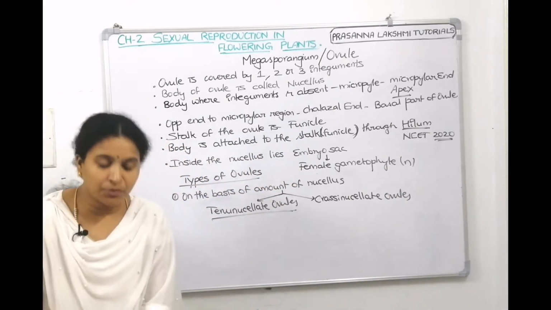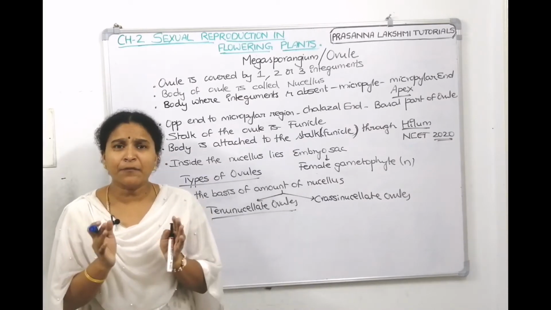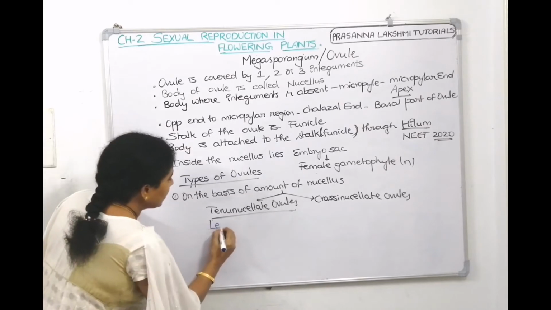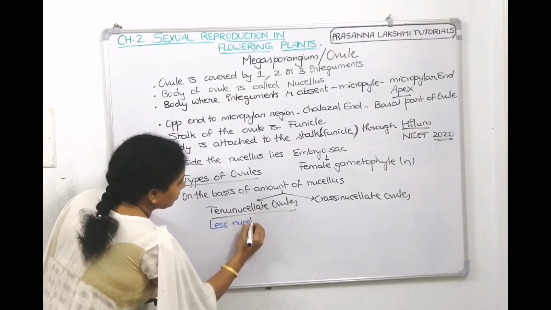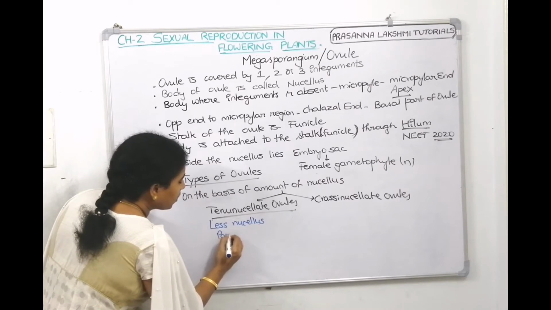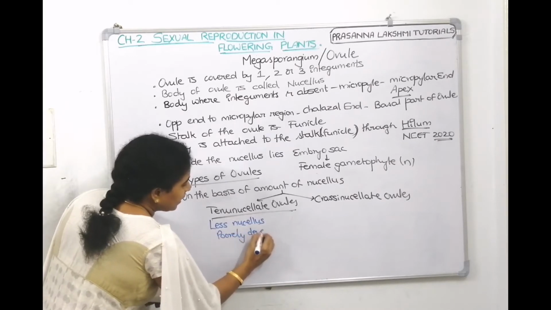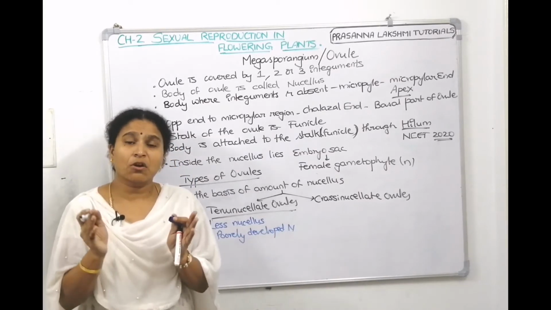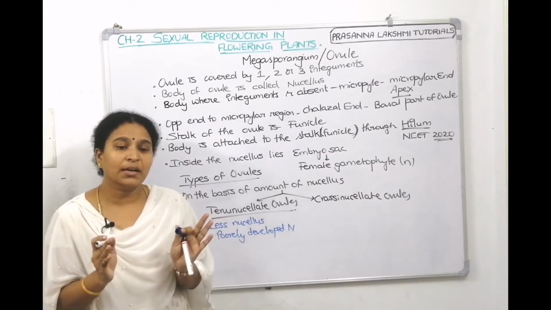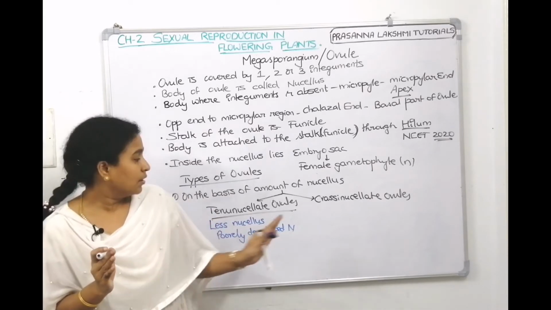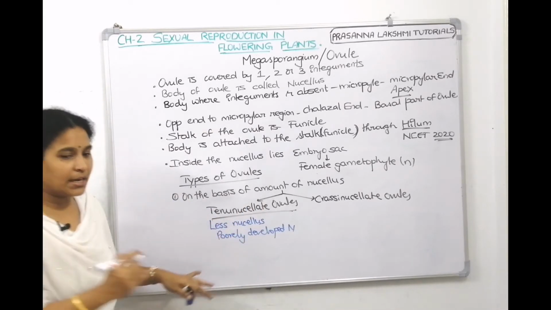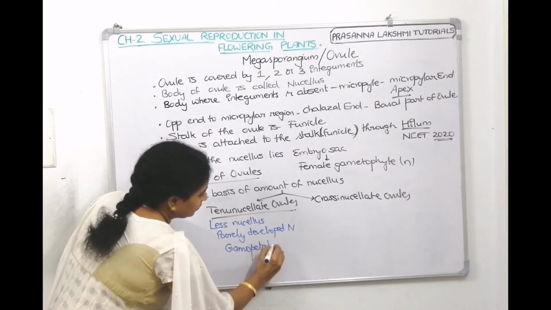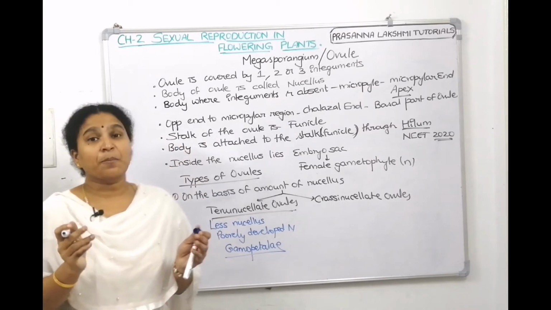What do you mean by tenuinucellate ovules? In tenuinucellate ovules, the development of nucellus is very poor. A little amount of nucellus, poorly developed nucellus, is there. An example for tenuinucellate is the gamopetalous members, the flowers in which the petals are fused.